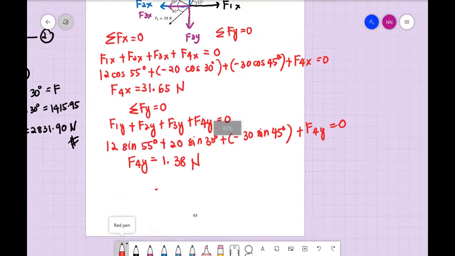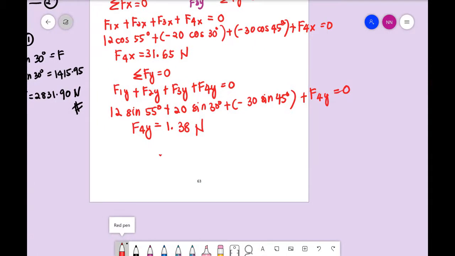Then we can determine the magnitude of F4 by using the formula F4 equals the square root of F4x squared plus F4y squared.